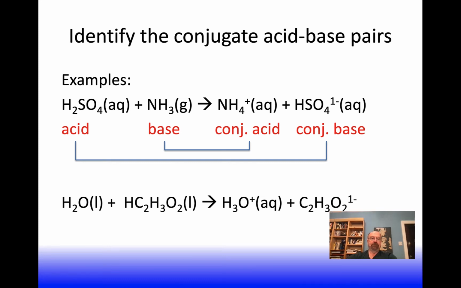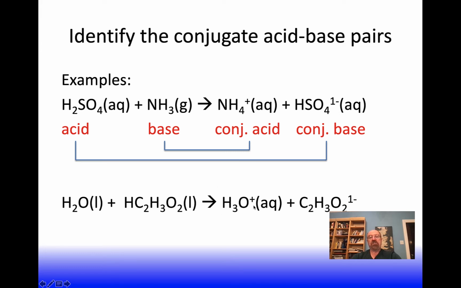What about here? Can you figure this one out? You should label it acid, base, conjugate acid, conjugate base. Okay? Can you do it? Well, let's see. If we go forward, we see water accepts a hydrogen from acetic acid. So the water has to be, in this example, the base, and the acetic acid is the acid.